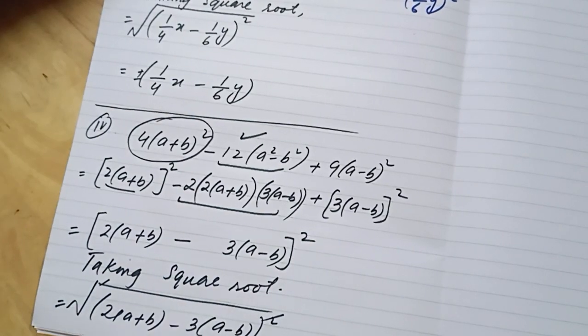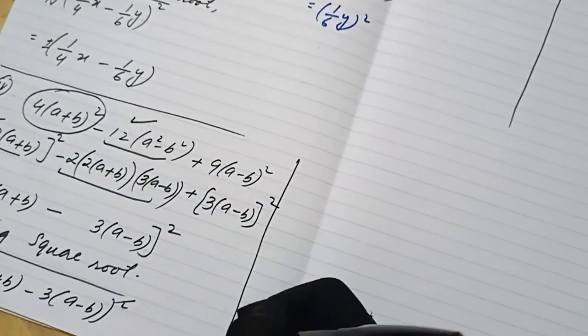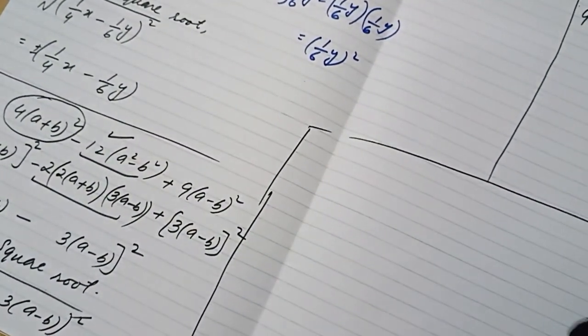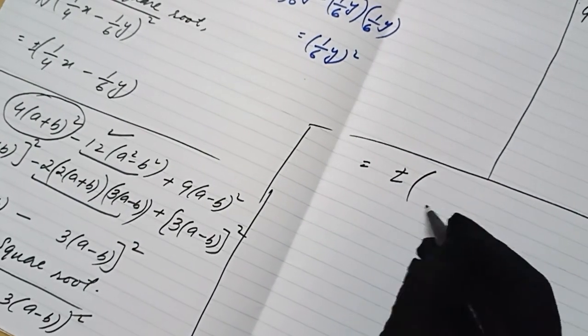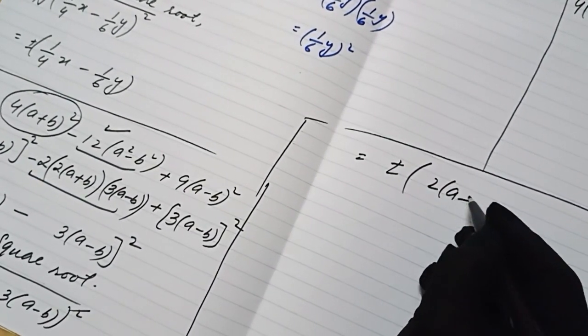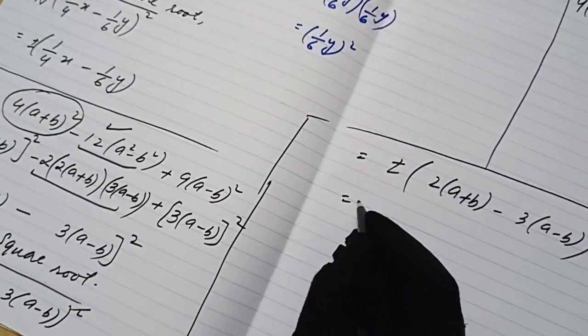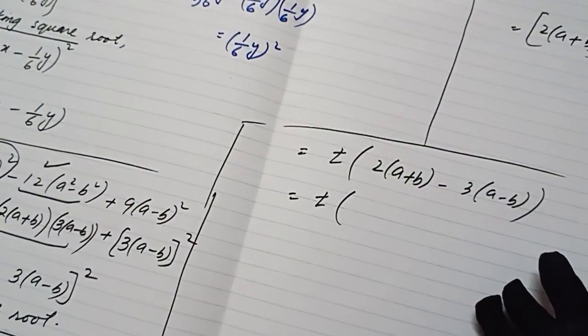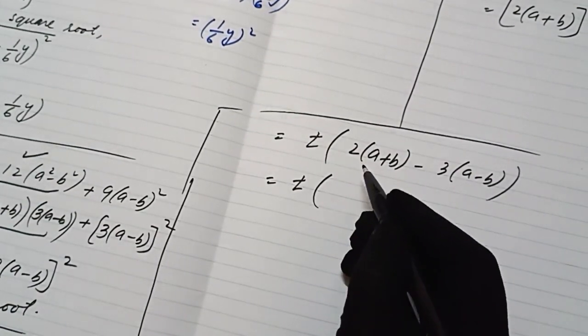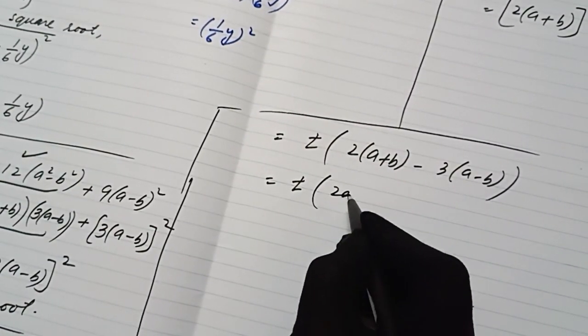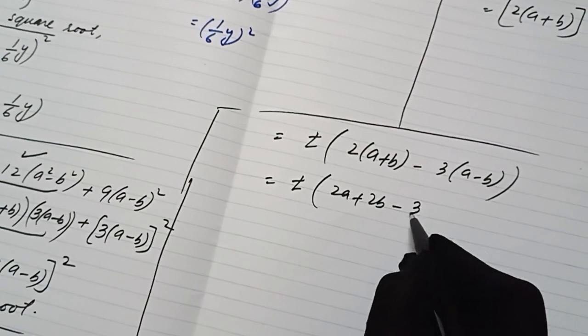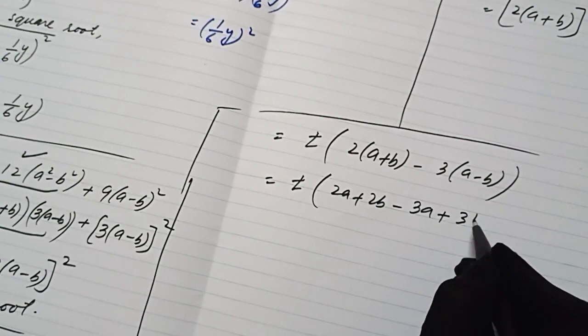So square and square root cancel. It will be equal to plus minus 2 times a plus b minus 3 times a minus b. Whether we can keep the answer over here, but as they are both solving together, it's better to continue and solve them. 2a plus 2b minus 3a plus 3b.